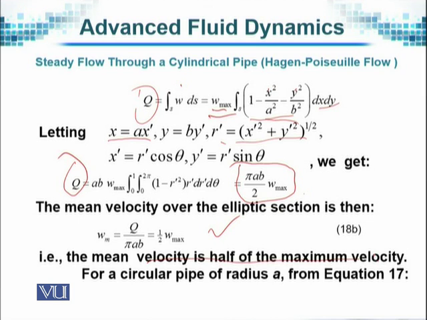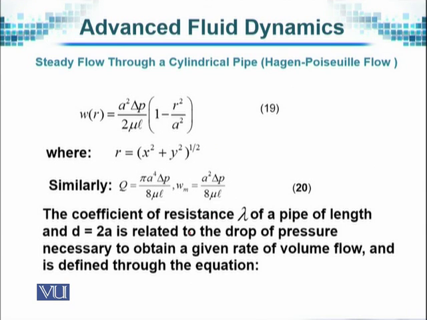And we can see that the average velocity turns out to be half of the maximum velocity W. And WR, the velocity in the radial direction, will be given by equation 19, where R is equal to this. And again similarly, Q, the volume of flow at a given time, will be equal to this one.